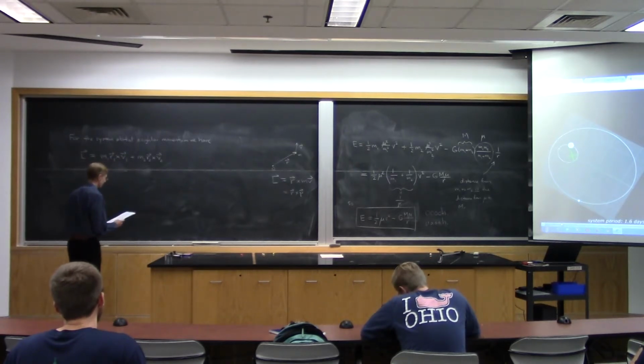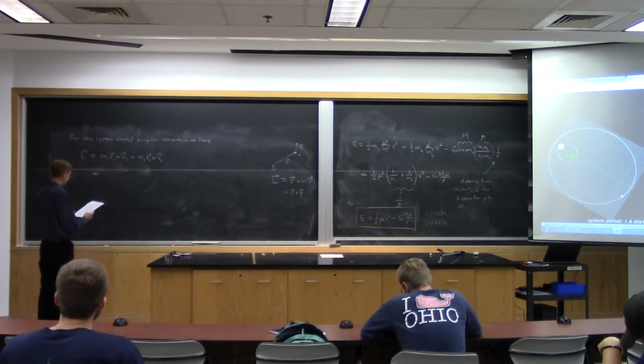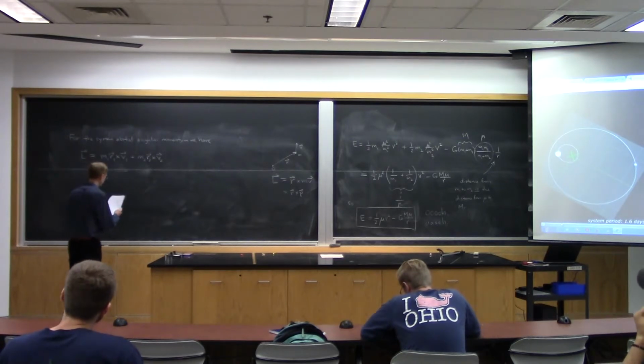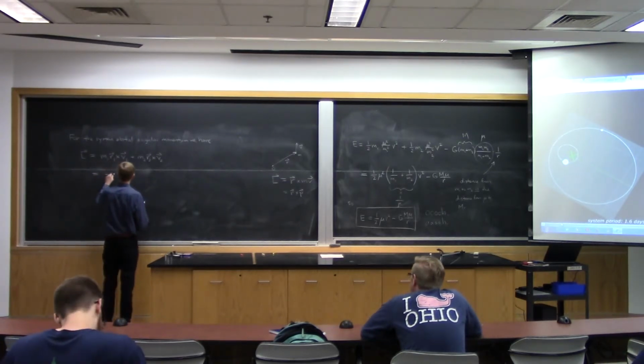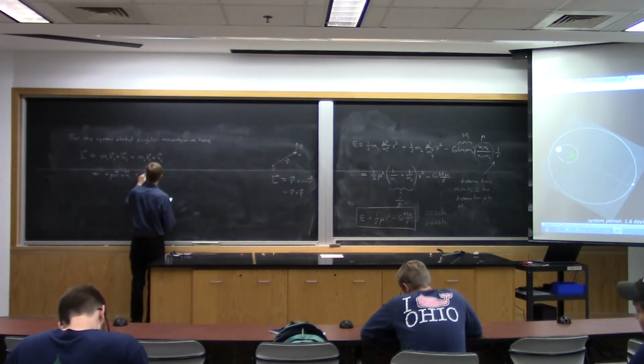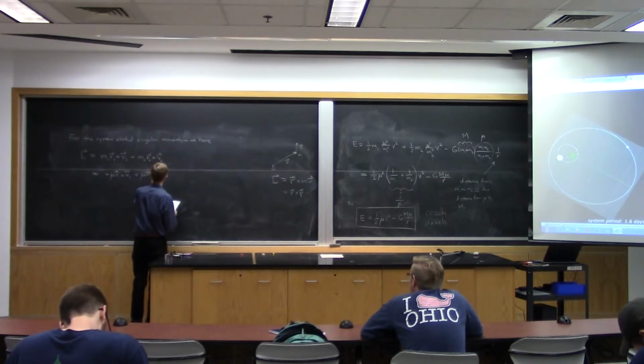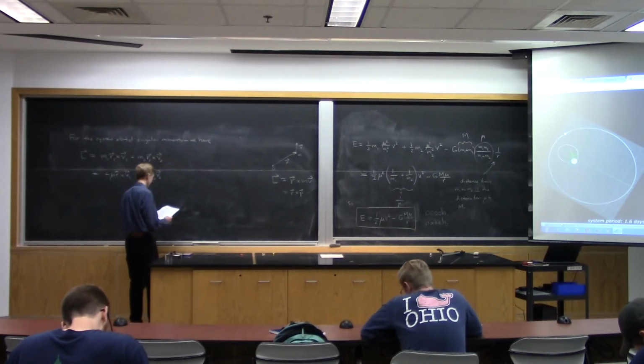And now if we use those relations that we derived before, then this turns into minus mu r cross v1 plus mu r cross v2.